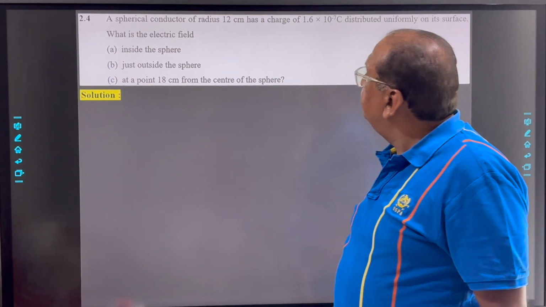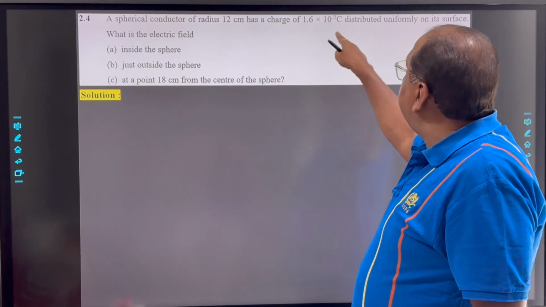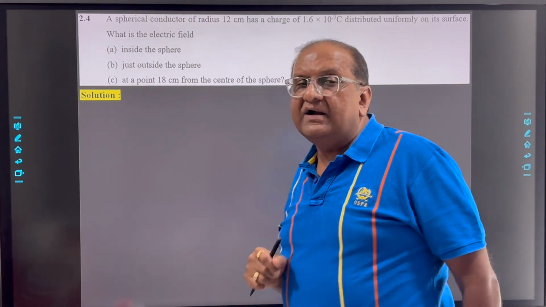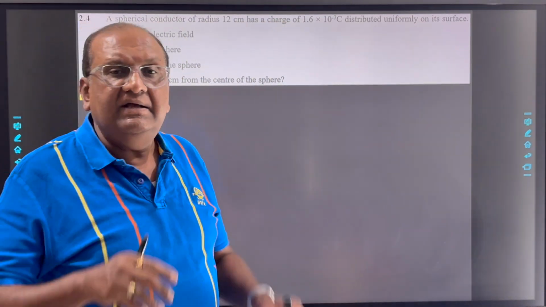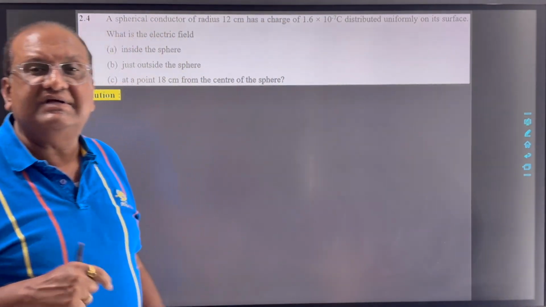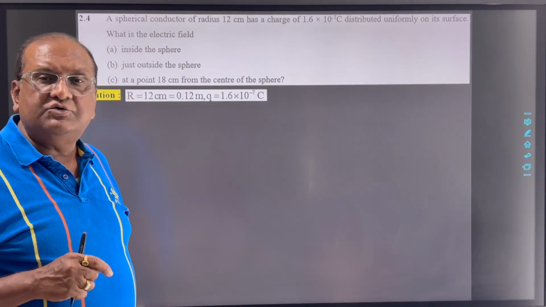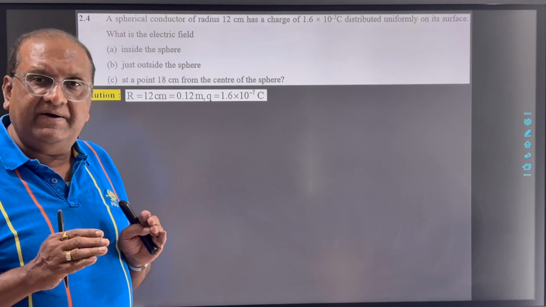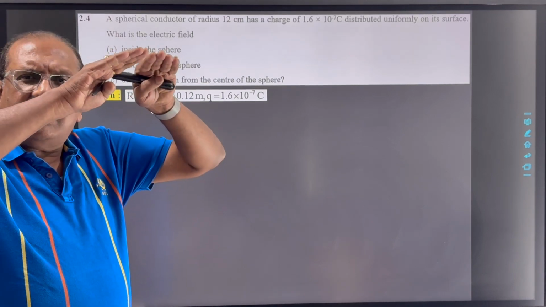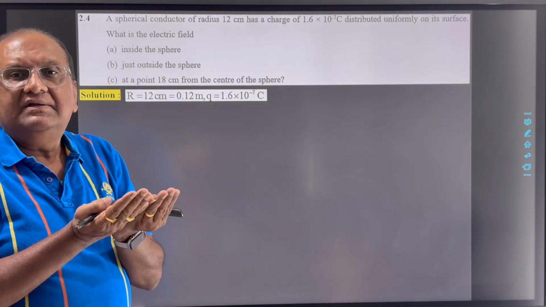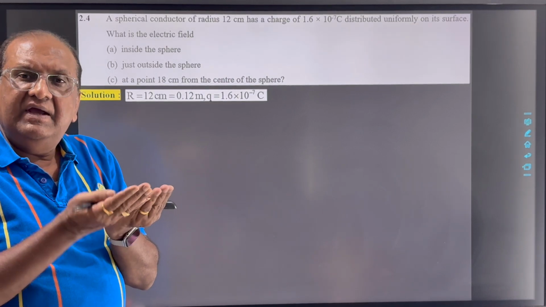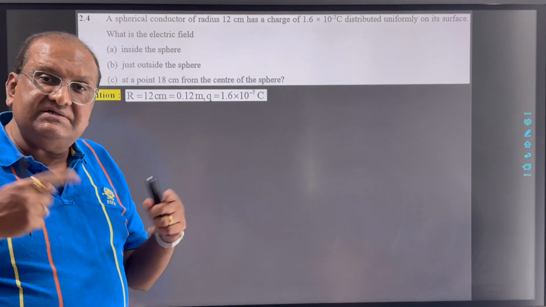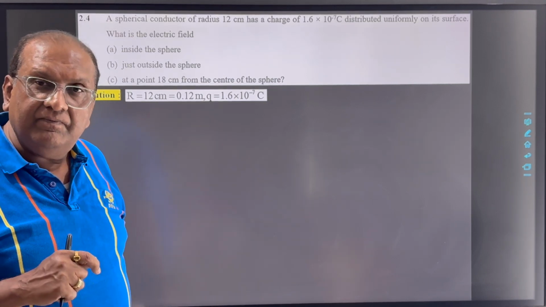Now see here, when the charge is distributed uniformly on the spherical conductor, then charge will be distributed on the surface of it. So if we consider a Gaussian surface which is spherical, very close to the surface of the sphere and just inside it, then net charge enclosed by it will be 0.